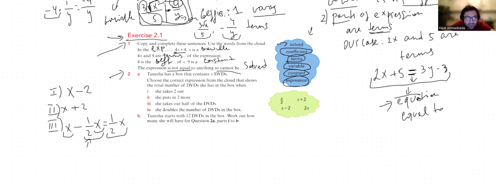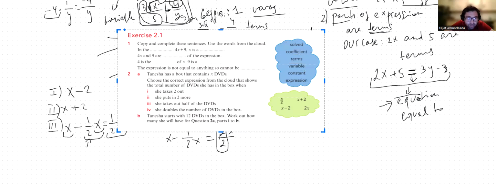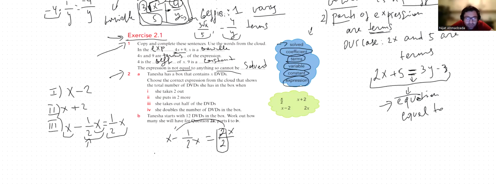Or you can think of x minus 1 over 2 x as the same thing because we have to have a common denominator, right? Instead of x, I'm just going to write 2 over 2 x, because 2 over 2 is just 1. 1 times x is x. So this 2 over 2 x is the same thing as x itself.